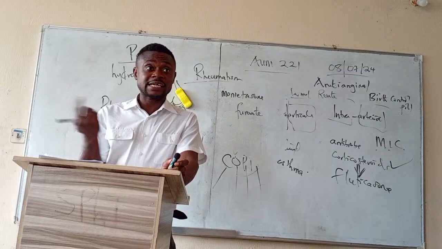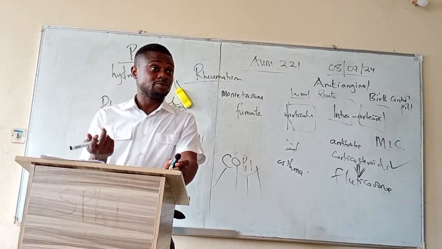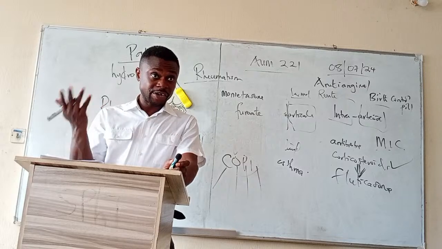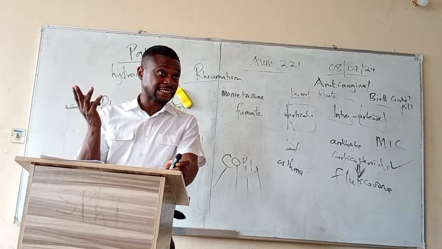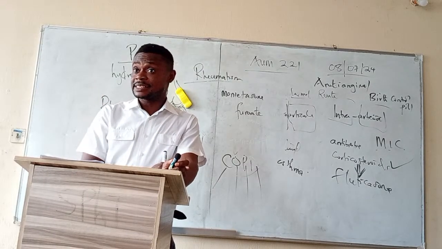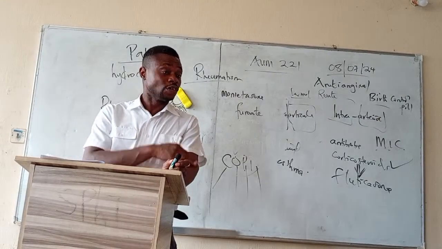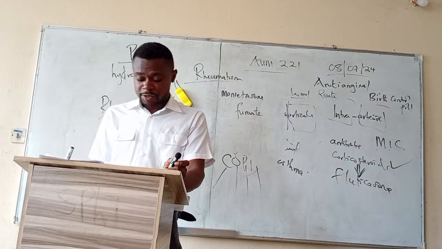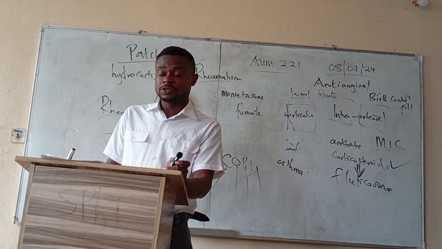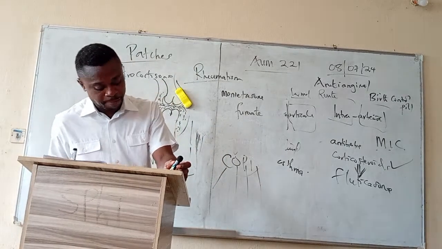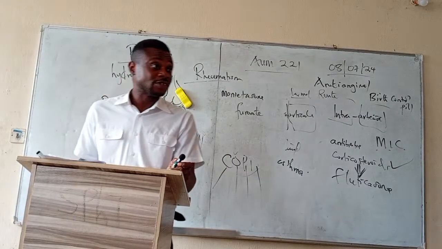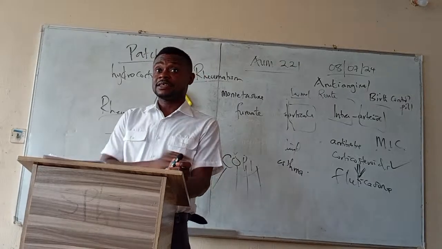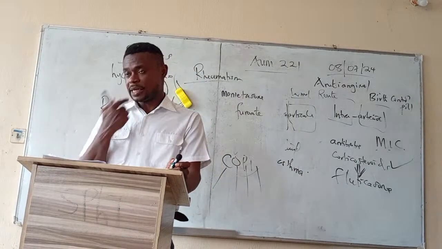You can get diclofenac sodium gel, cream, ointment, as the case may be, and apply there, right? To take care of what? So it's local. Even those of you that have skin infection, you apply locally, right?